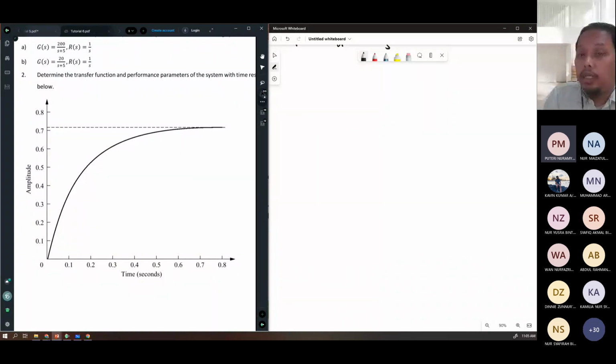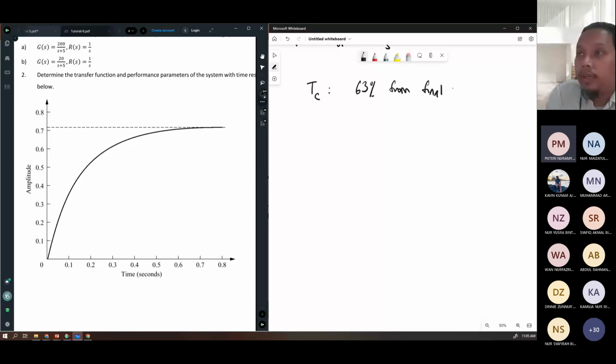So firstly, we can use the concept of time constant. Time constant is 63% of the final value. So look at the final value.